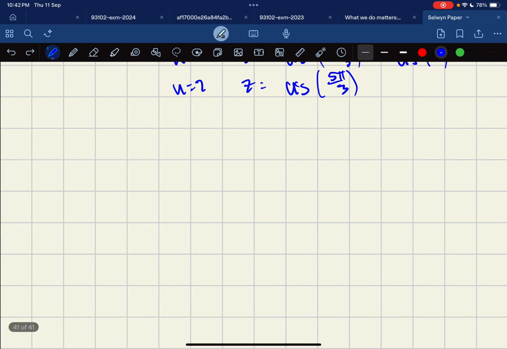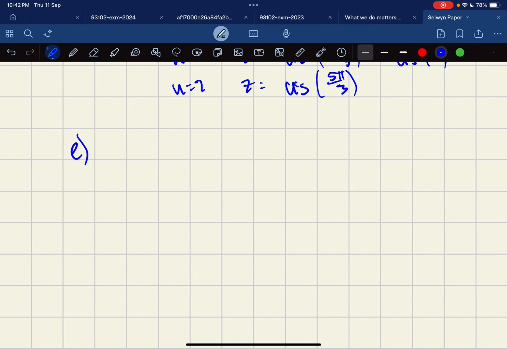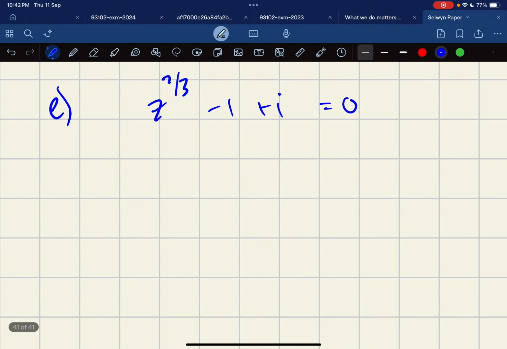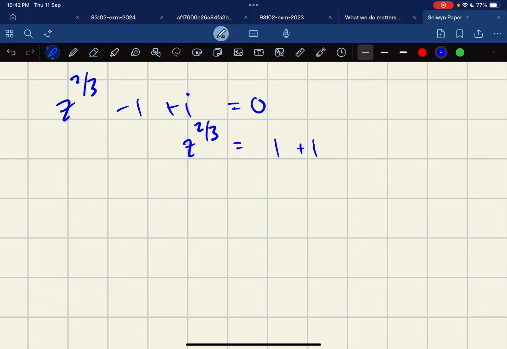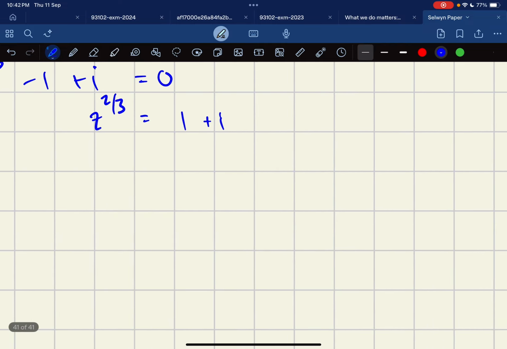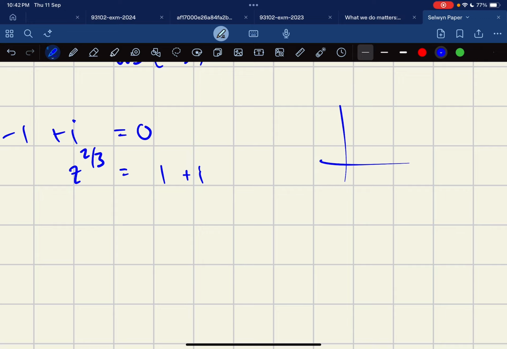Okay, and then part E. Find the solutions for z to the power of 2 over 3 minus 1 plus i equals 0. So here we also want to form it into de Moivre's theorem, or polar form. So z to the power of 2 over 3 is equal to 1 plus i, which we can imagine on the Argand diagram again.